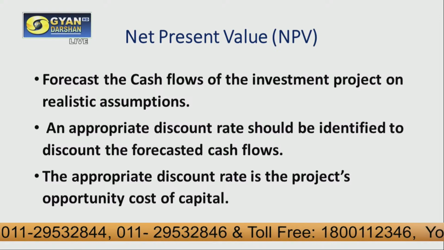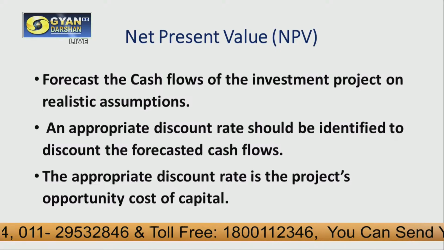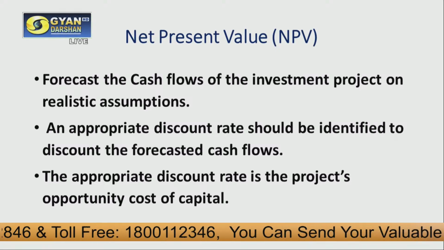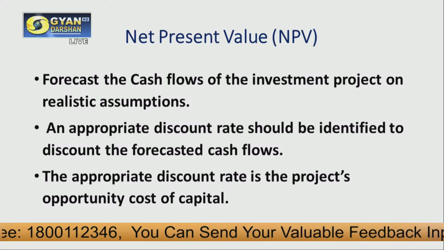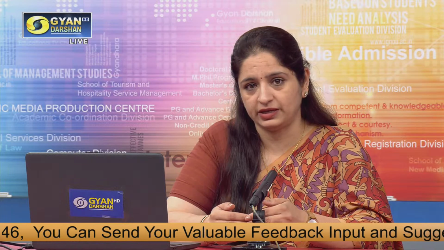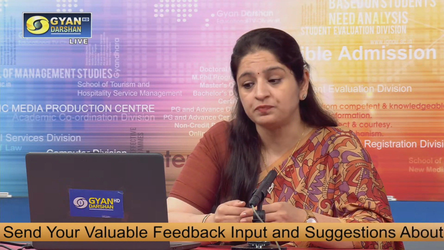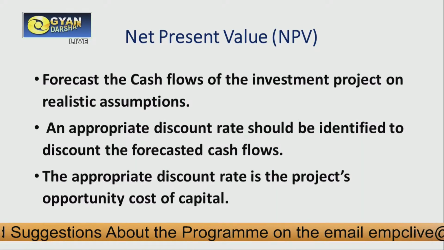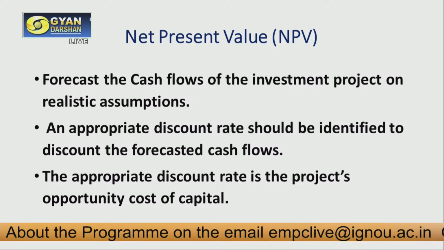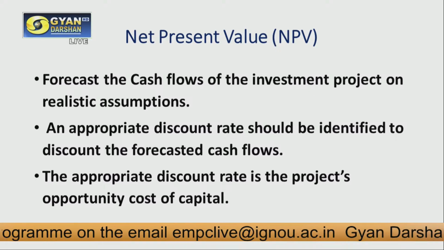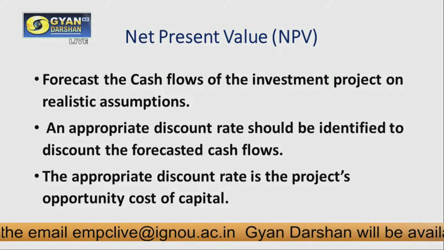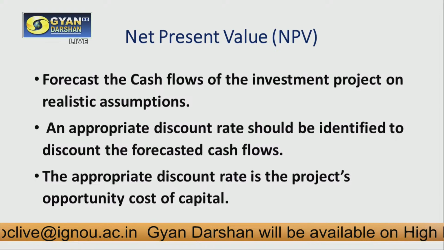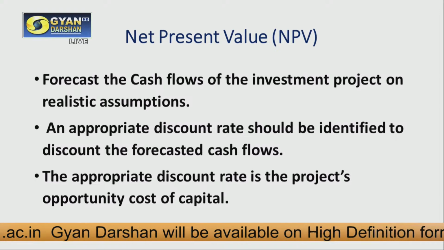It helps us in forecasting the cash flows of the investment project on realistic assumptions. Why realistic? Because it includes the time value of money. It talks about the present value. For this purpose, we need an appropriate rate of discount to discount the forecasted cash flow values. That means we need a particular rate which may be used to convert the values into present value terms.